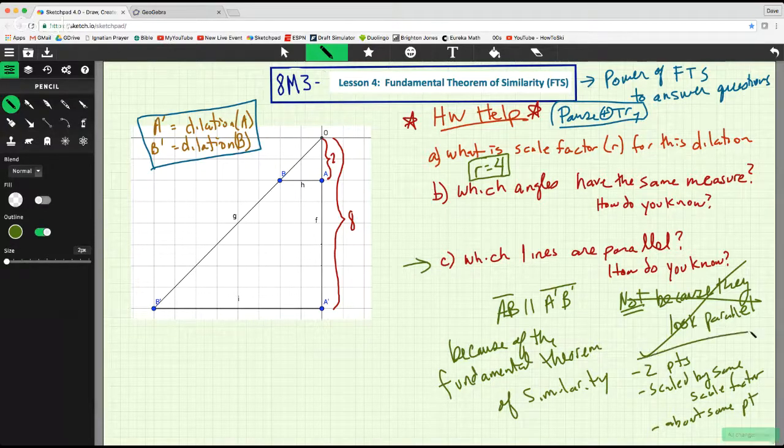I did these things, and so if you do those things, these lines must be parallel. Now, which angles have the same measure, and how do you know? Well, I know that this angle and this angle have the same measure because corresponding angles are congruent.